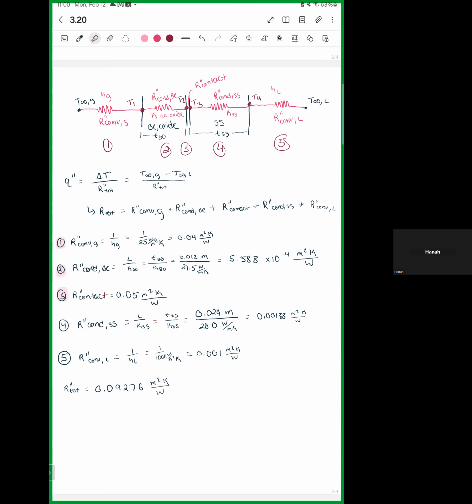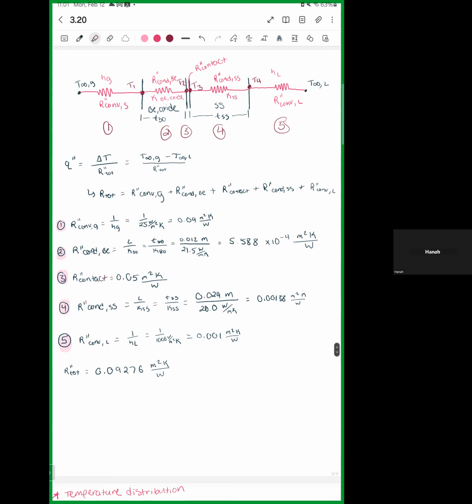So that's shown here, the length over the thermal conductivity. So we have the thickness of the stainless steel over the thermal conductivity to give us that resistive coefficient. And then the last one, number 5, is convection, just like number 1 for the convection on the gas side. We have the convection on the liquid side now. And then if you sum all of these together, you get the total resistance.